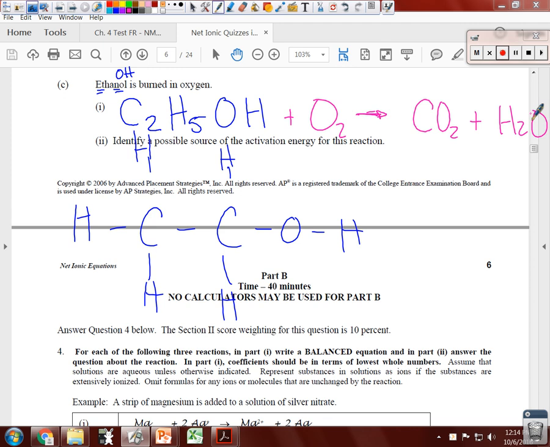So you could say fire or spark. It says verbatim, a lit match, comma, spark, comma, or other ignition source to ignite it. Fire is a good answer.